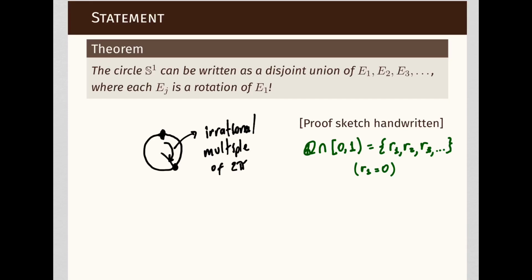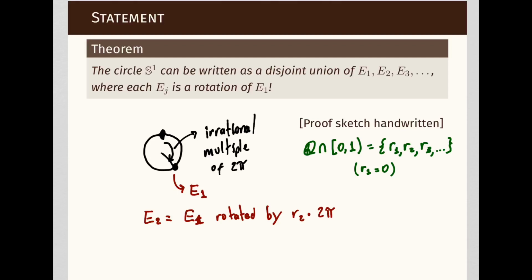Now let us denote all the rational numbers between 0 and 1 by R1, R2, R3, etc. Let's just enumerate all rational numbers between 0 and 1 in a certain way. Let's fix it, so that 0 will be the first one. Let this set here be our E1. Now consider E2 to be just E1 rotated by R2 times 2 pi.